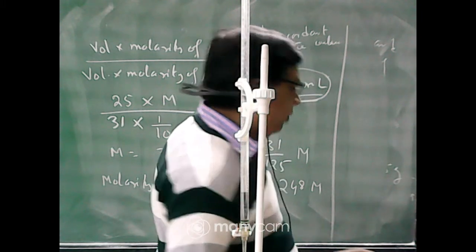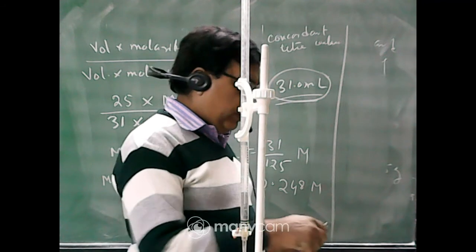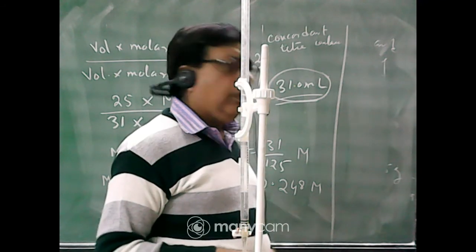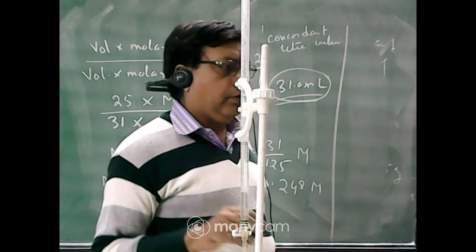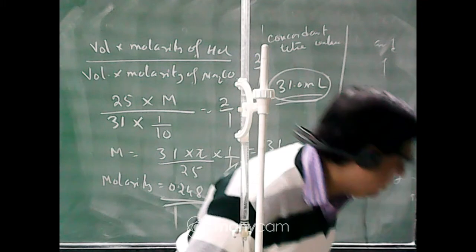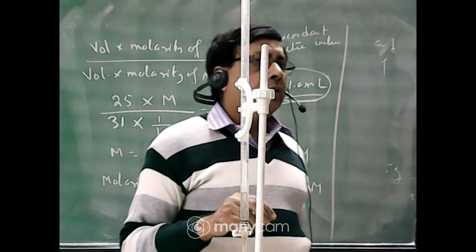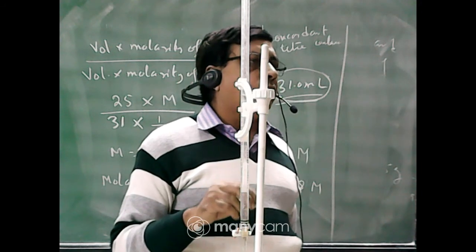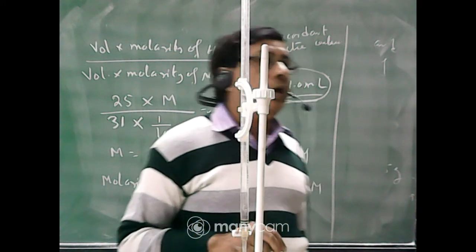Okay, so from next class, that is from the next week, the important practical class, that means salt analysis, will begin. So this is very lengthy process. In the first 1 or 2 class, you have to write all the tests for cation and anion.